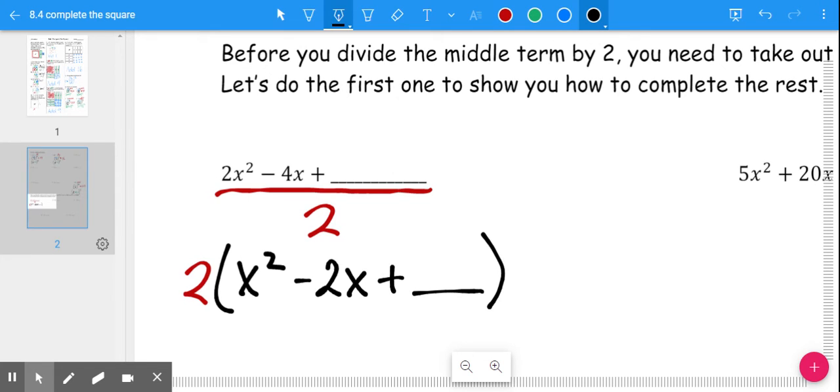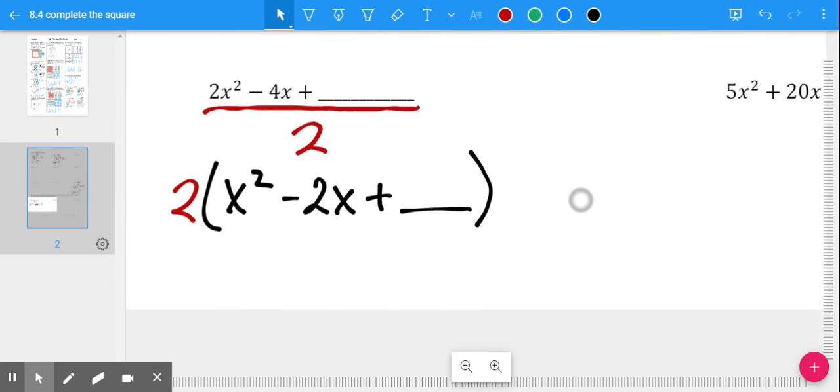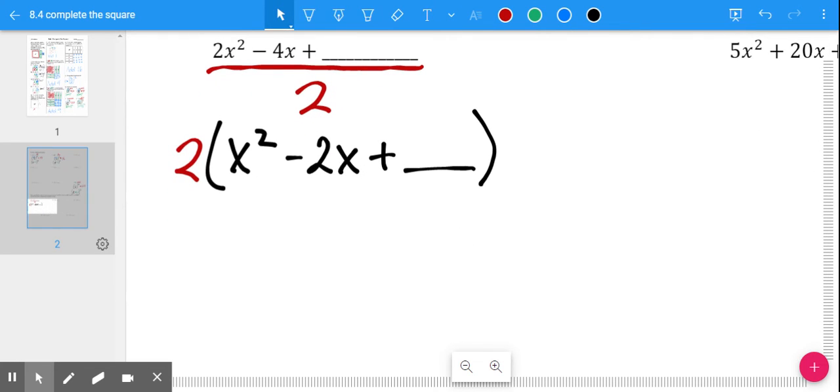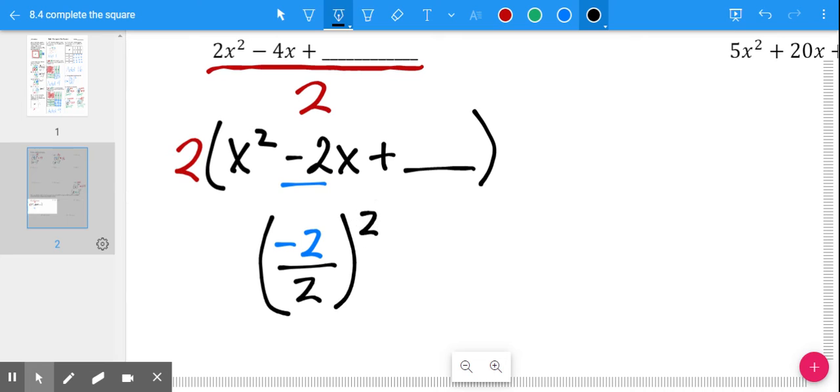So now we're going to do the completing the square like we did in the section above based on what's written in black only. So your b value is negative 2. So we're going to do negative 2 divided by 2, which is negative 1. Negative 1 squared is positive 1. So we're going to put a positive 1 right there.